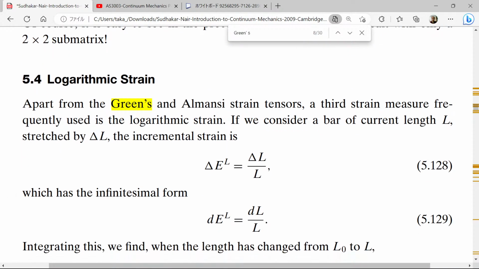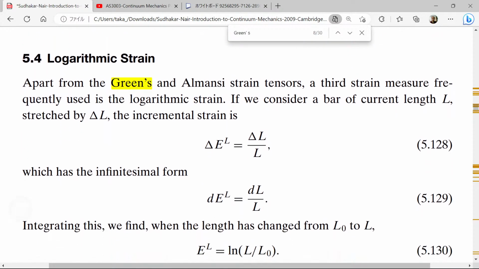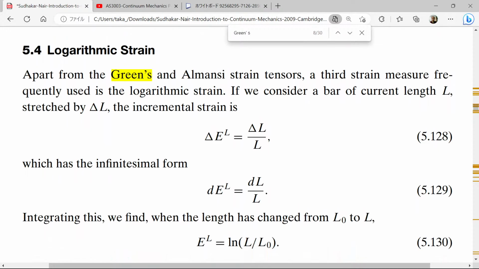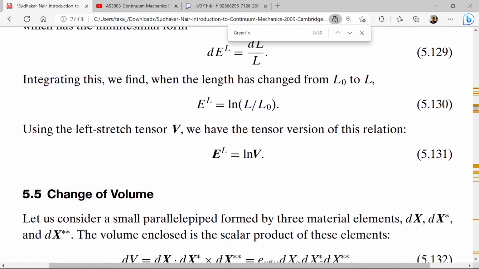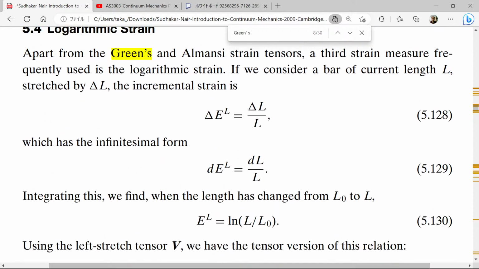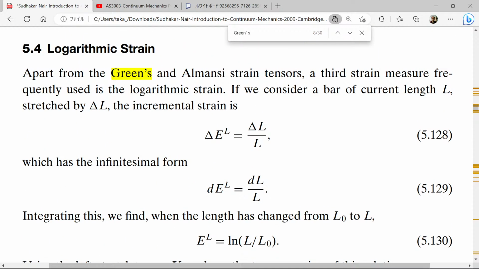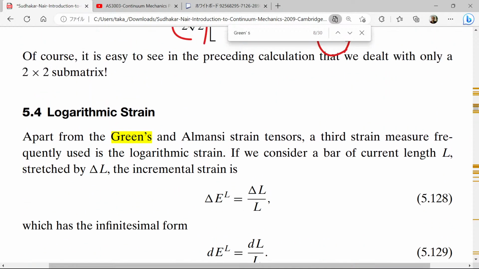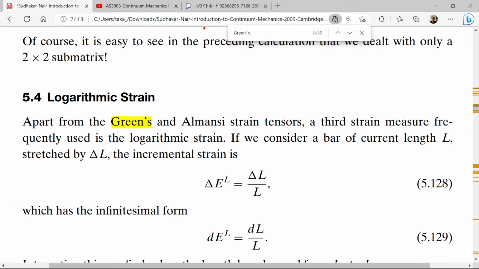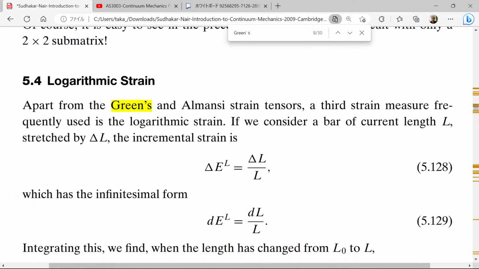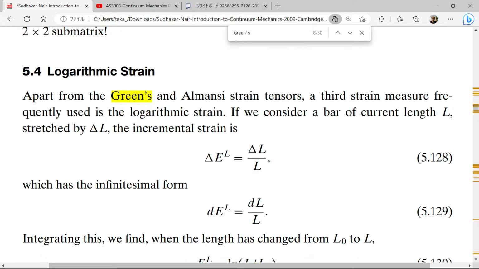Logarithmic strain. Apart from the Green's and Almansi strain tensor, a third strain measure frequently used is the logarithmic strain.